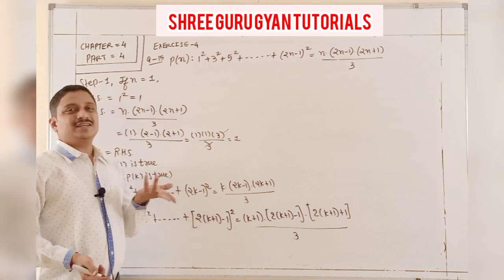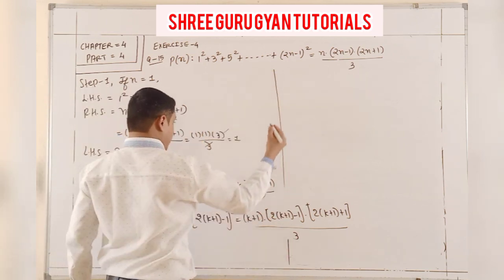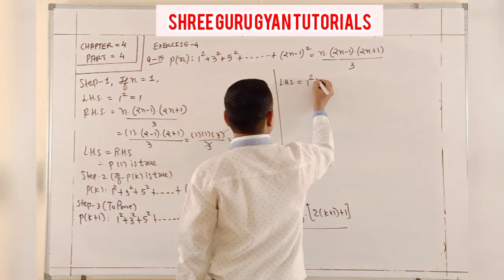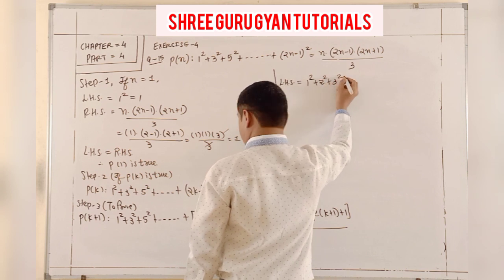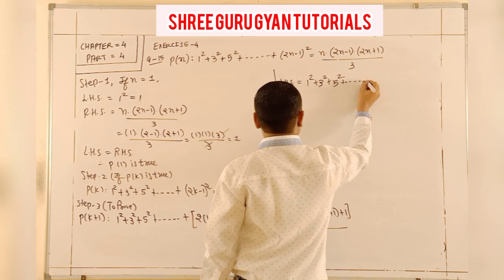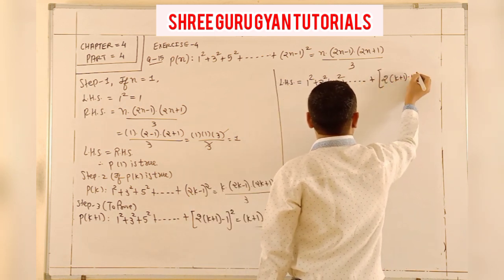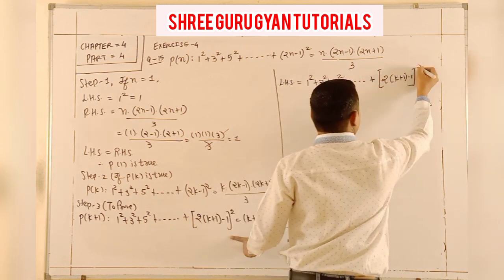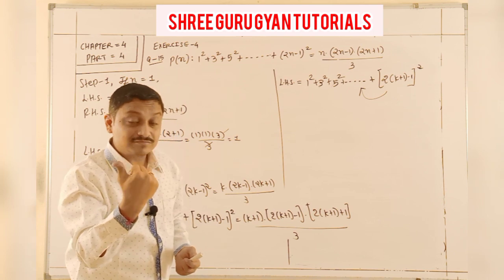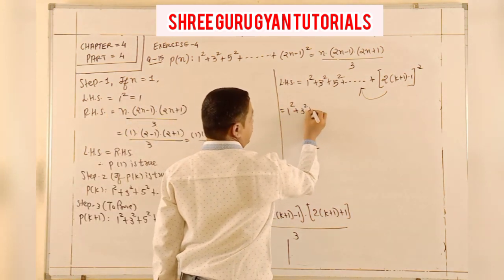Now we easily go to the LHS of our solution. So what is my LHS? 1 square plus 3 square plus 5 square till the last term, that is (2 times (k plus 1) minus 1) whole square. Just think of one reverse term, one back step. Yes students, you are thinking correctly about that.